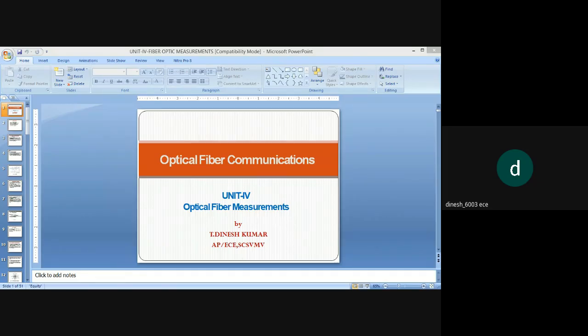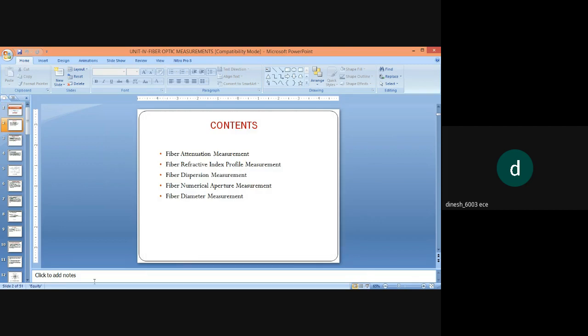So in this session, we are going to see part 2 of unit 4, which is optical fiber measurements. The different measurements which we are going to deal with are the important parameters of a fiber when light travels from one point to another point.